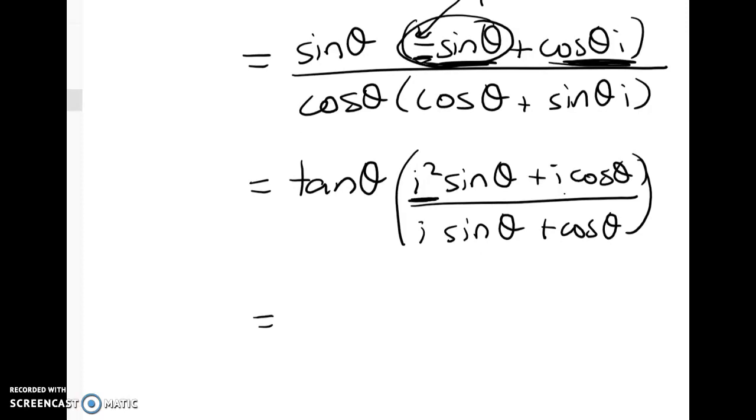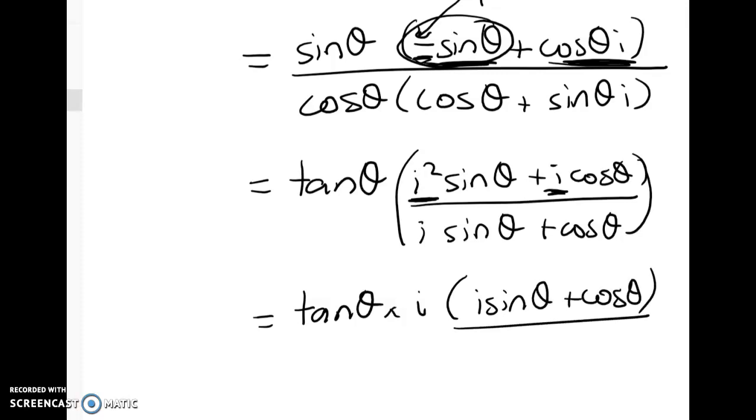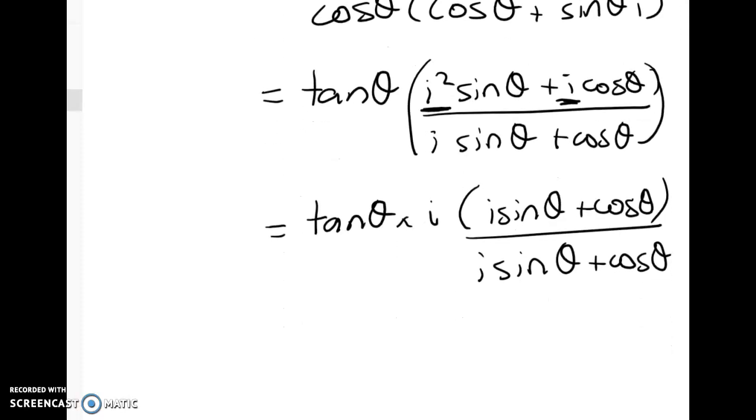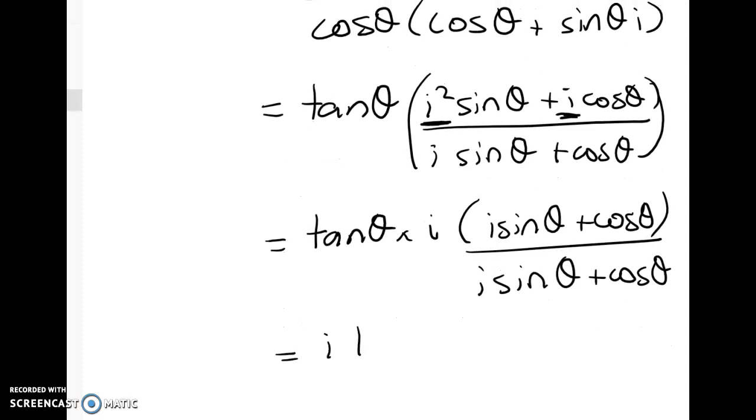I've got an i here, i squared here and an i here. So we've got tan theta times i into i sine theta plus cos theta, which is the same thing as I've got in the denominator. So there we go. Right, so we end up with i tan theta as required.